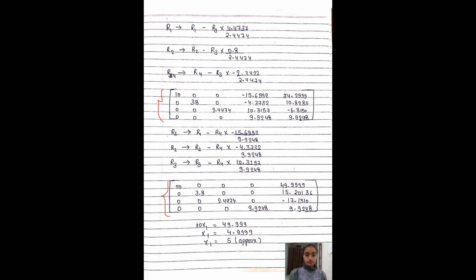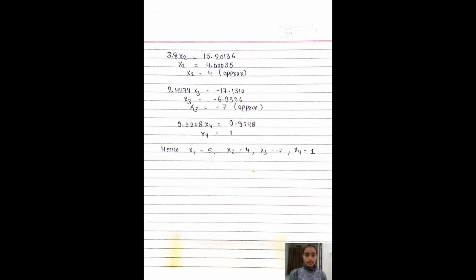Then we have to find the values of the variables x1, x2, x3 and x4. For x1, 10 x1 is equal to 49.9999, so after calculating, we got the value of x1 is 5. For x2, 3.8 x2 is equal to 15.20136, then x2 is 4.00035 and approximately x2 is 4.